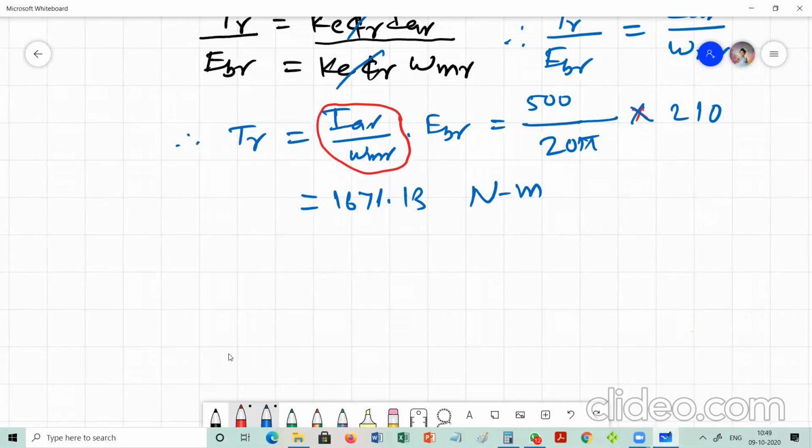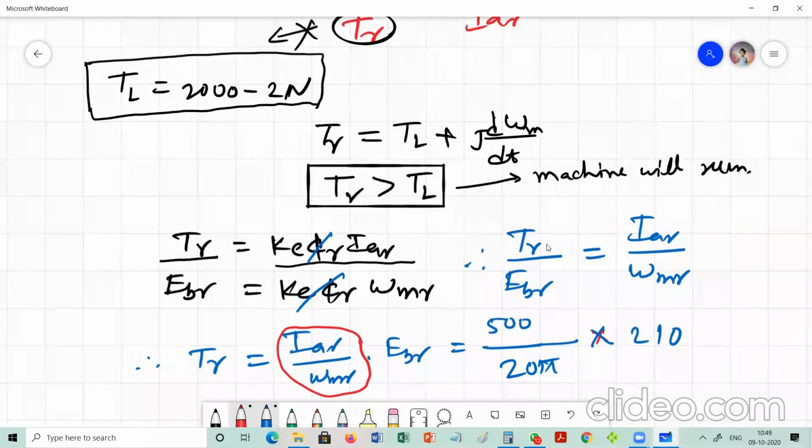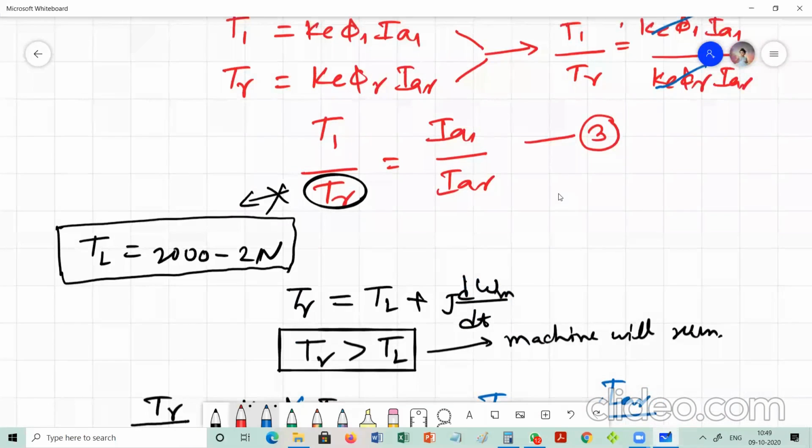This is the rated torque. And now we have the value of rated torque TR. So we will check whether T1 still can be calculated or not.